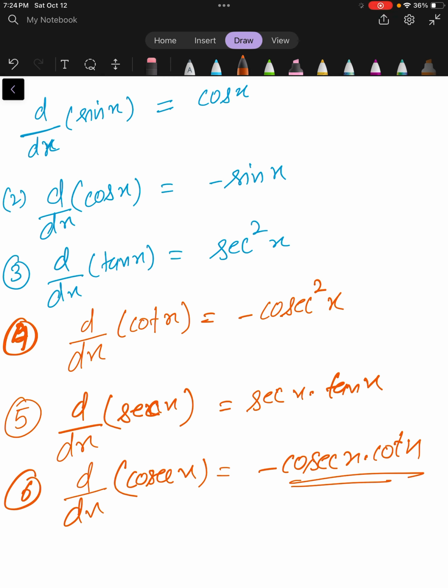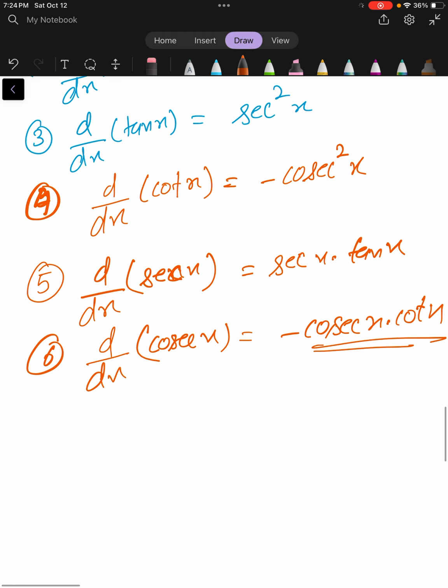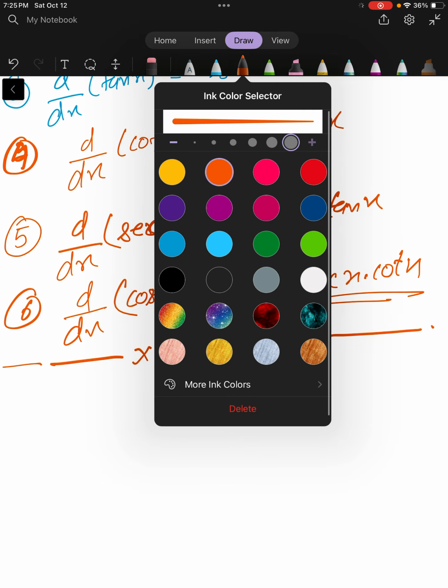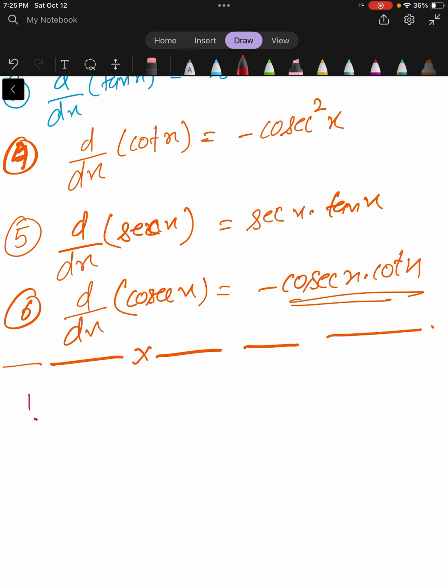So before proceeding into integration, we will solve a few examples so that we can have hands-on practice with these questions. Now we are going to solve the questions. Let's take the first question.